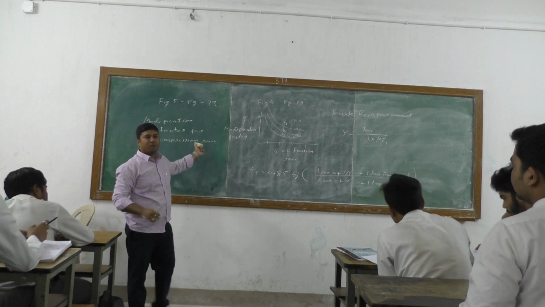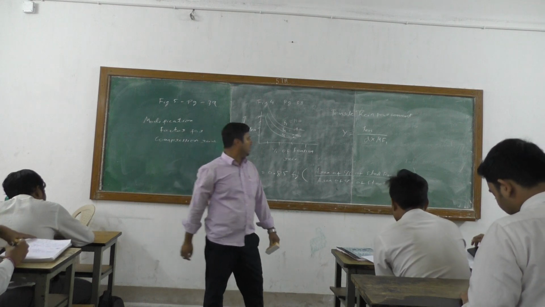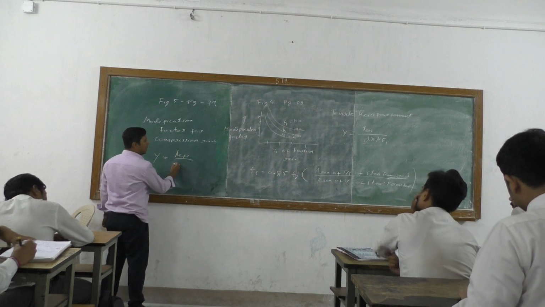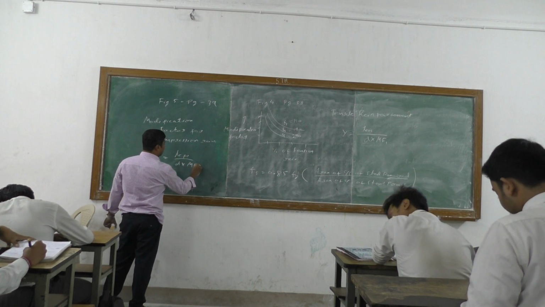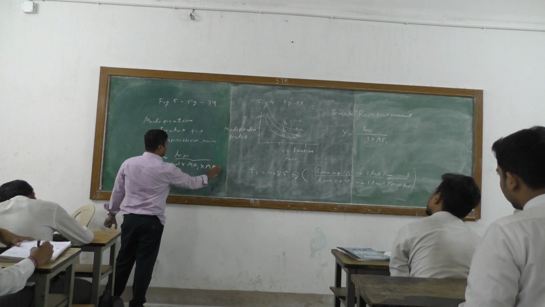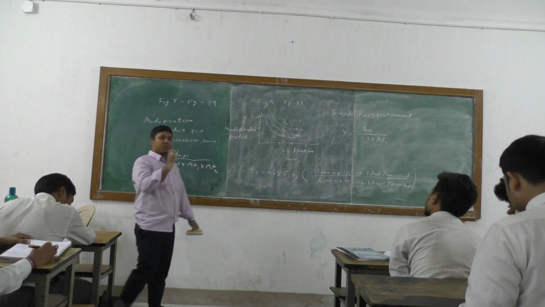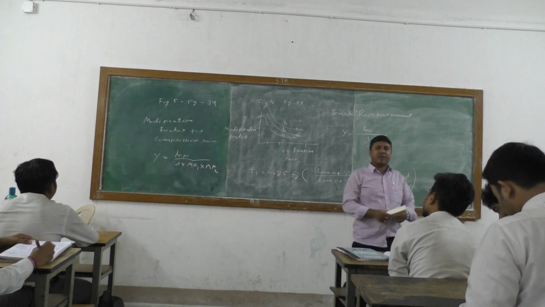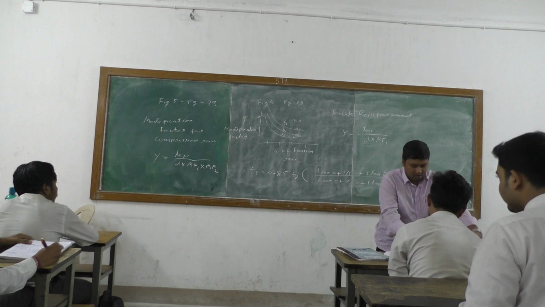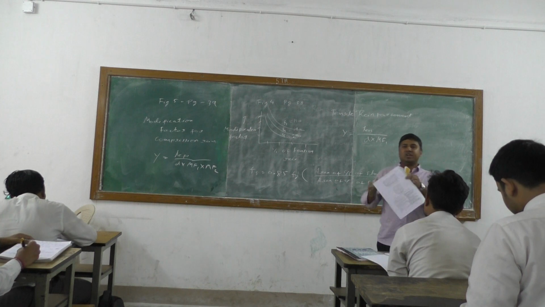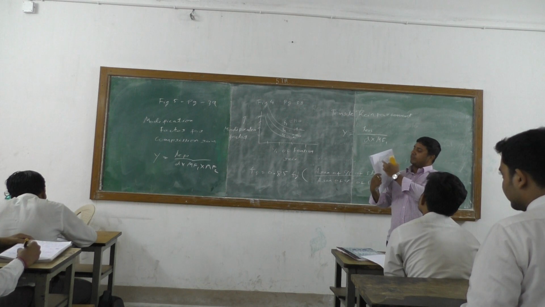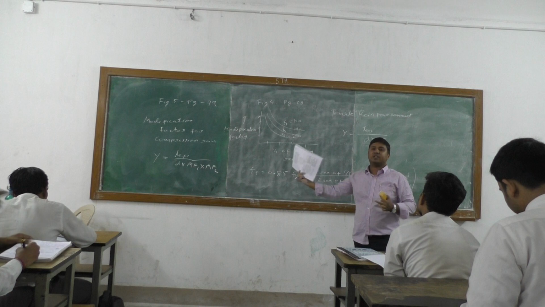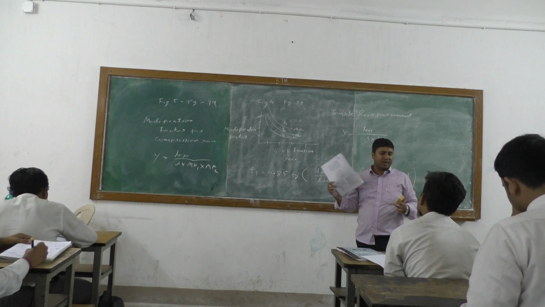Not only the tension reinforcement, for compression reinforcement you can also find the modification factor. You get the L by D value by multiplying the modification factor of tension and compression. You will get the compression reinforcement percentage that you have chosen, and how much modification factor is coming based on it. From that you will get the corresponding curve of your modification factor, and from there you will get the minimum depth.